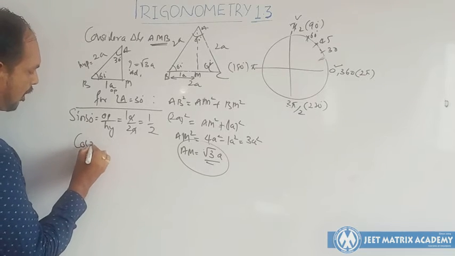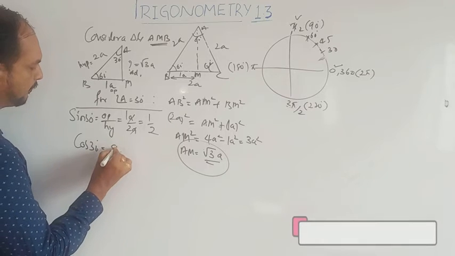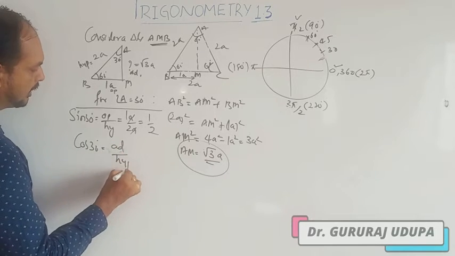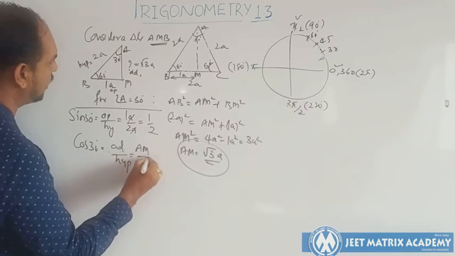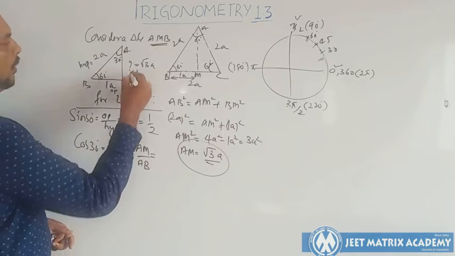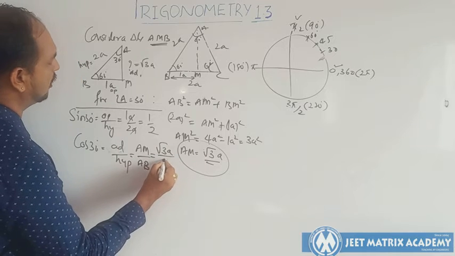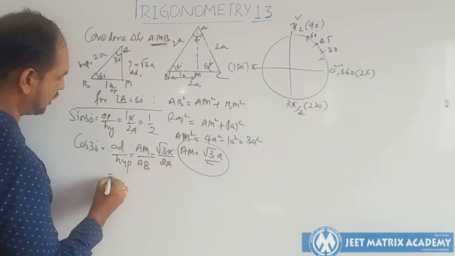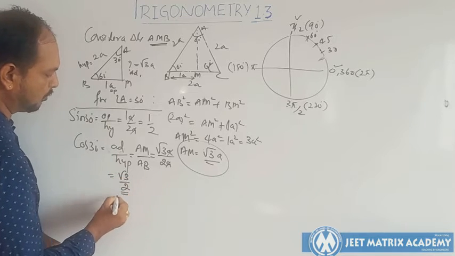Similarly, cos 30, adjacent side by hypotenuse. What is my adjacent side? AM is adjacent side divided by AB. What is this? Root 3A by 2A get cancelled. This will be root 3 by 2.